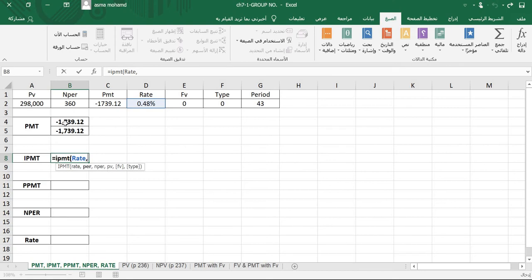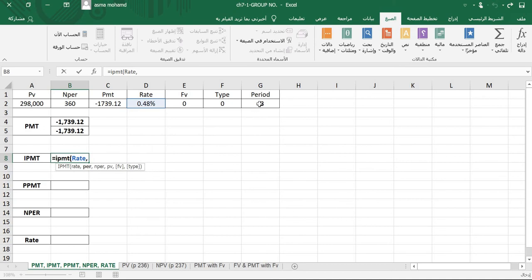It's different. Here, all the periods are the same, but in the IPMT and the PPMT the periods are different. The first period will have a lot of interest and a little principal, but at the end of the periods, the interest is less and the principal is large.